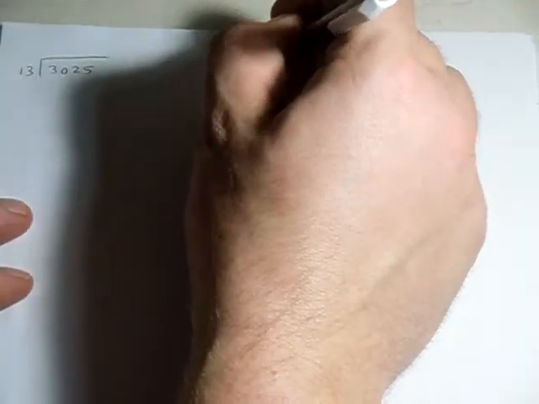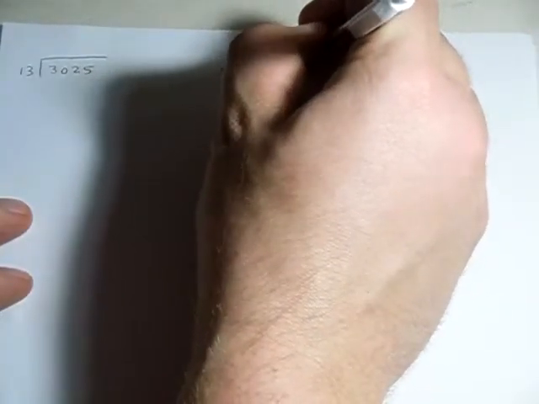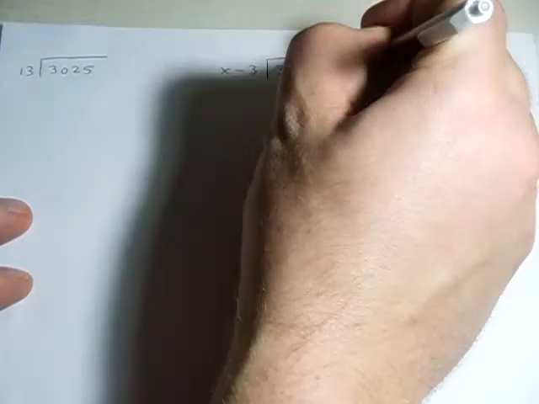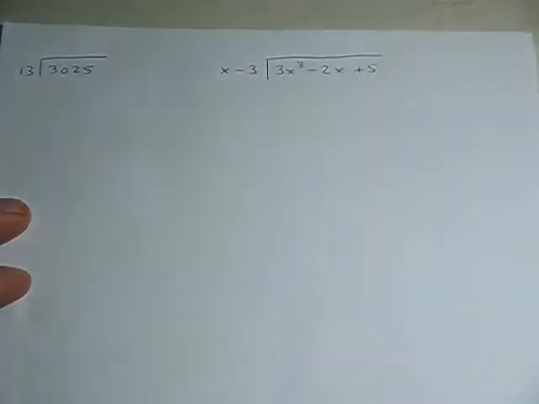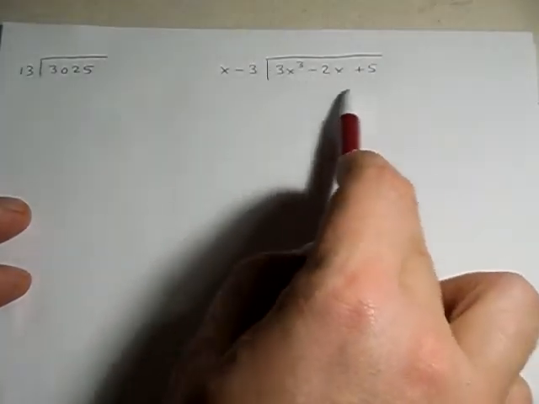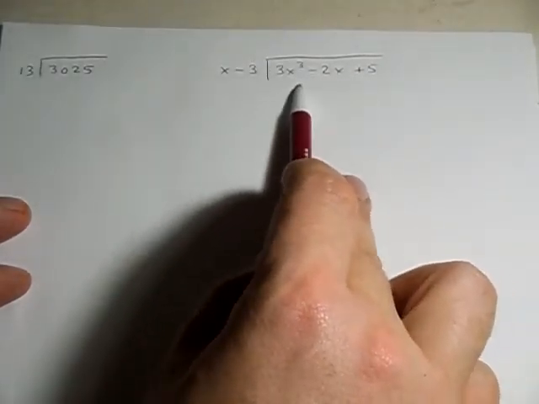long division. So the problem that you had in your book was x minus 3 as your divisor, 3x to the third minus 2x plus 5 was what you're dividing into. Now the only difference here at the beginning is that we actually have to notice that there's a missing power of x.